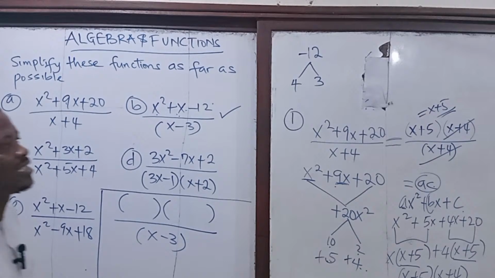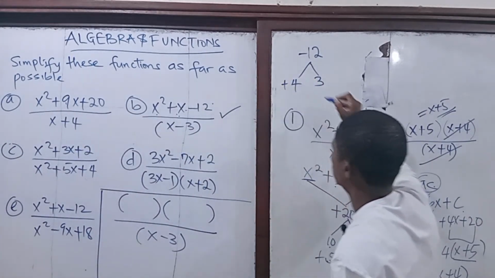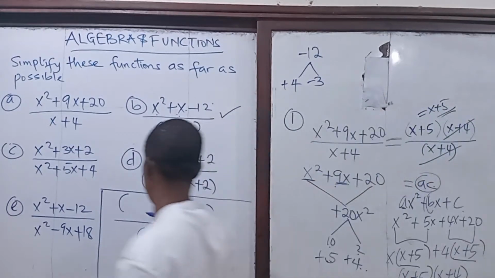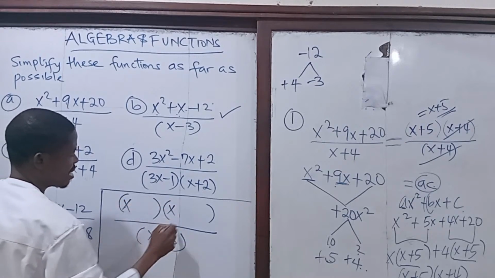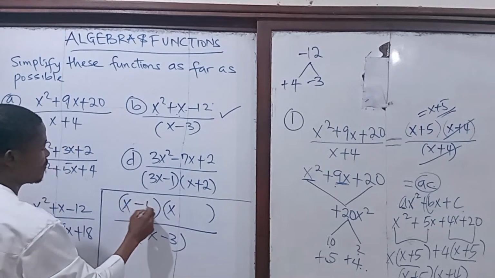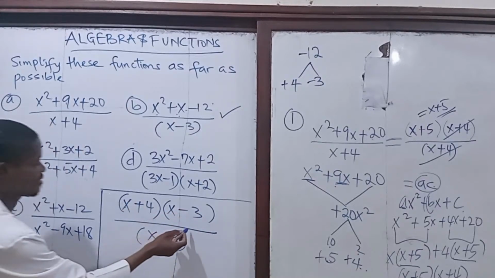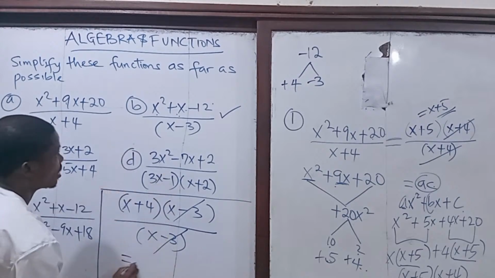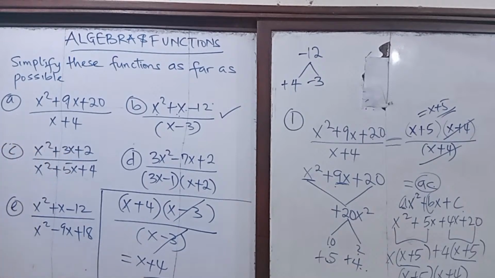How do we use 4 and 3 to get plus 1? That will be plus 4 and minus 3. So you come back here, pair the x squared, then plus 4x minus 3x, minus 12, and this cancels. Then for number 2, we have x plus 4 as the answer. So the second one is done.